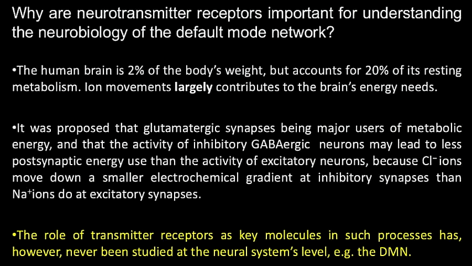The human brain is 2% of the body's weight, but accounts for 20% of its resting state metabolism. And in some papers, people say up to 60, 70, 80% of the energy metabolism, of the oxygen metabolism, is used by channels.